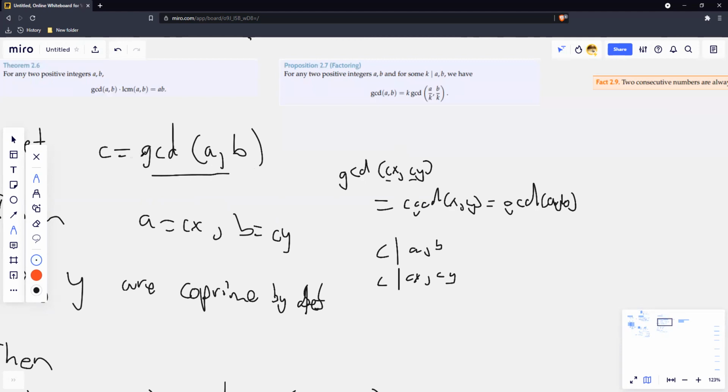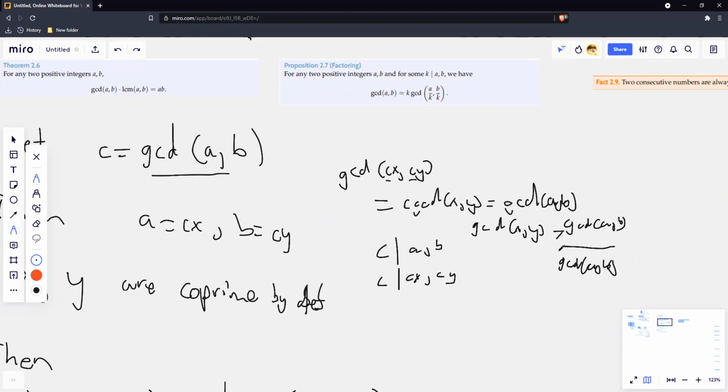So then, substituting back C, we get GCD(X, Y) is equal to GCD(A, B) divided by C, and C is equal to GCD(A, B). So we get GCD(X, Y) is equal to 1, right? Therefore, these are coprime.